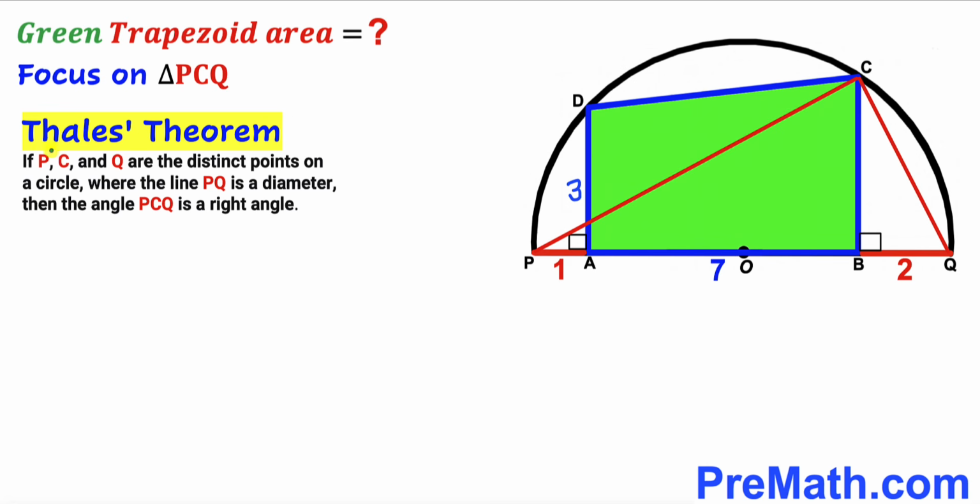According to this theorem, if P, C, and Q are three distinct points on the very same circle, and the line PQ is the diameter, then the angle PCQ is going to be our 90 degrees angle. So this angle PCQ has got to be our 90 degrees angle, since the points P, C, and Q lie on the very same semicircle, and PQ is the diameter.